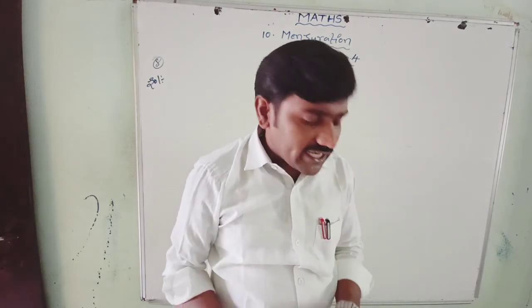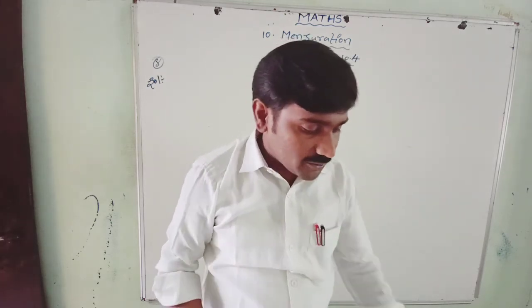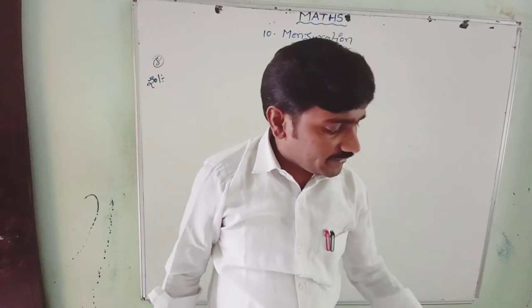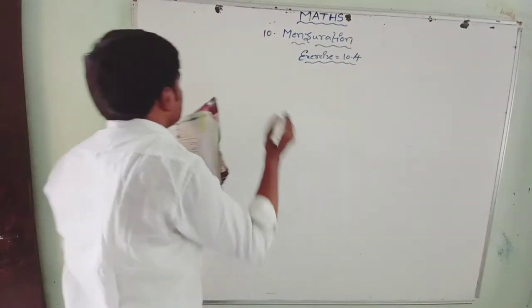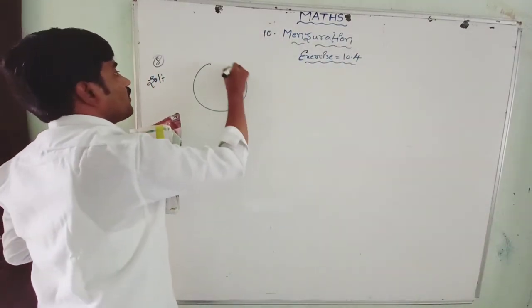A solid metallic sphere of diameter 28 centimeters is melted.